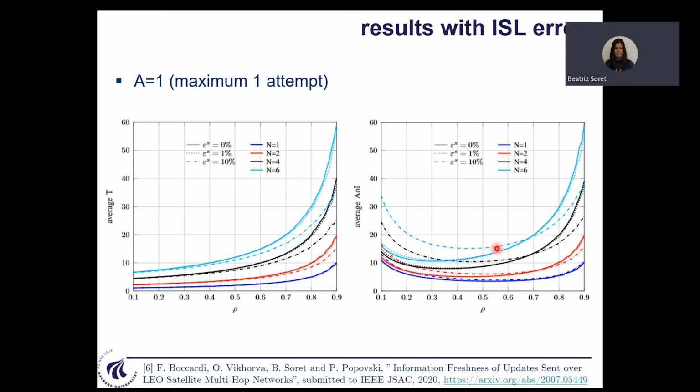So this crossing effect is because you have this multi-hop. It's more observable when you have more hops. At some point, it's better that you just miss some of these packets and then you have the queues a bit less congested. So this is the effect that we observe here.